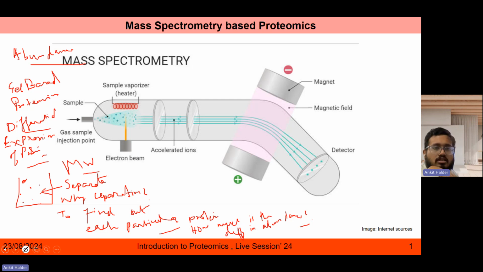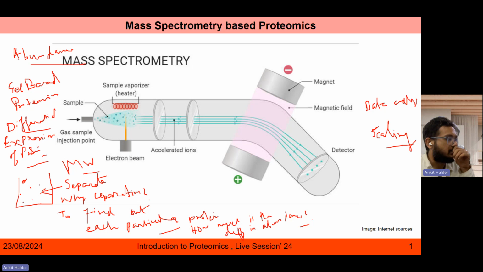Now, this process goes through certain limitations in terms of scaling, robustness and reproducibility, with challenges in the data analysis. The scalability of gel-based proteomics is a challenge. Then the gel-to-gel variation is very prominent, so this needs to be reduced.